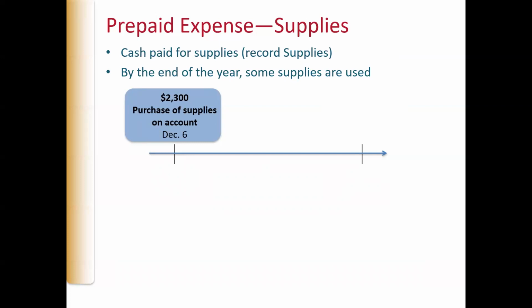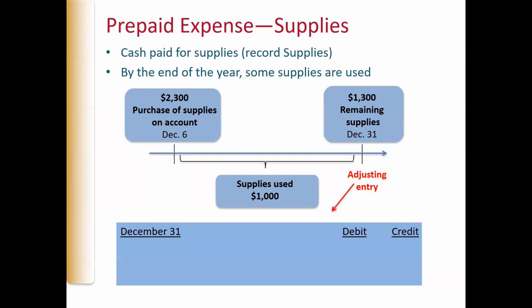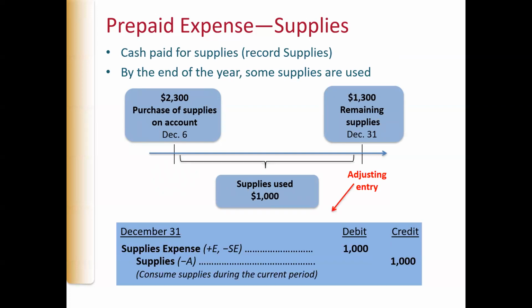But when we go and look at our supply closet and see that we've used up $1,000 worth of supplies, and we really only have $1,300 remaining, we need to adjust our books to show a supply expense for $1,000, and we credit or reduce our asset supplies by $1,000. That makes sense?